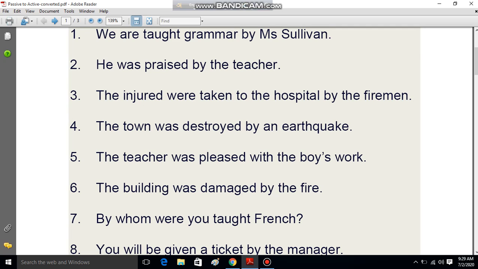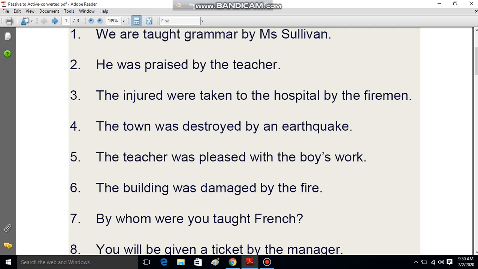As we see were here, you understand? If you find were here, without being or any other options, then you notice that this passive voice derived from past simple tense. So we'll change the voice of past simple tense.